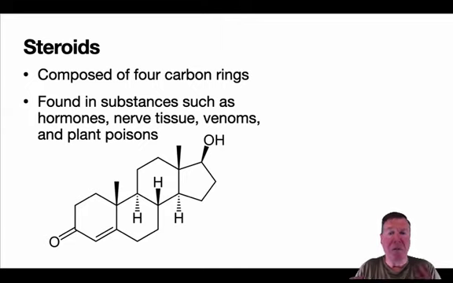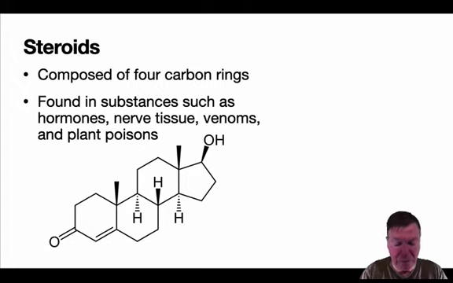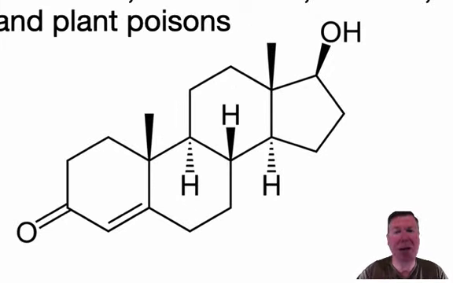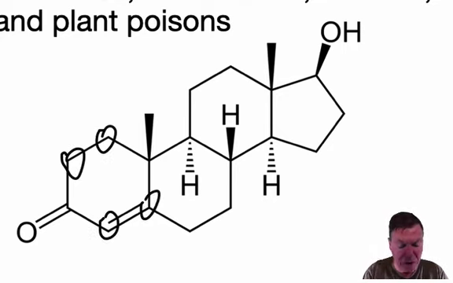All right. The last thing we're going to talk about is steroids, and these are included in lipids because they are composed of 4 rings of carbon, a lot of hydrogen, and almost no oxygen, just like all the rest of the lipids. So here you see this is actually testosterone. Again, don't worry about the structure, just understand the concept. Every one of these corners is a carbon.